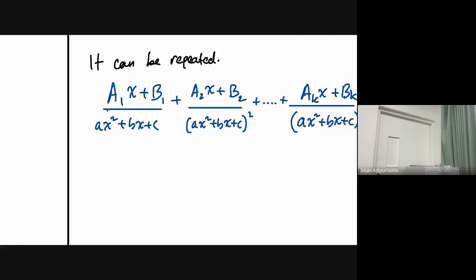So whenever you have 1 plus x squared here, and then 1 plus x squared squared here, I hope this case is similar to the linear factors. So I think for partial fractions, I can stop here and finish.